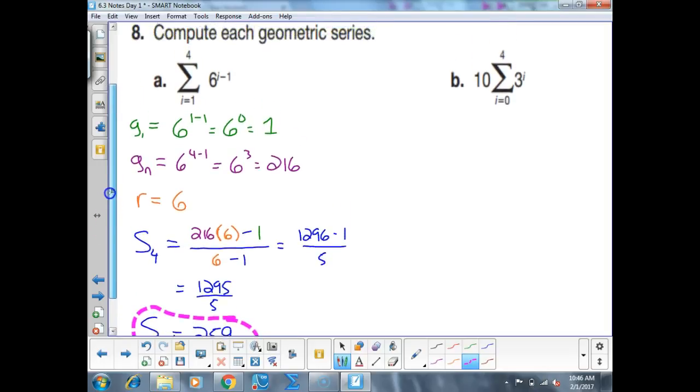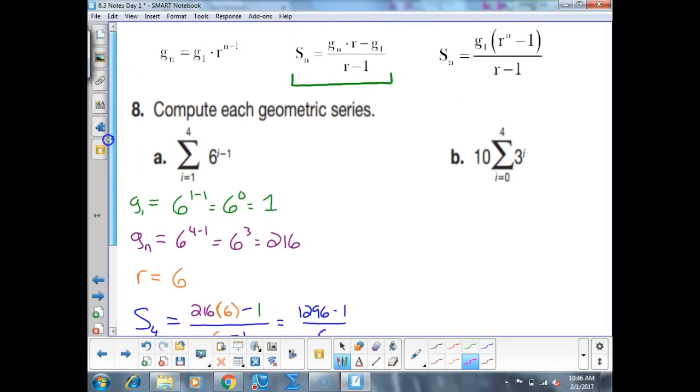Now, let's use the other one in this one. What's different about this particular sum? There's something on the left side, out in front, right? So what do we do with that then?